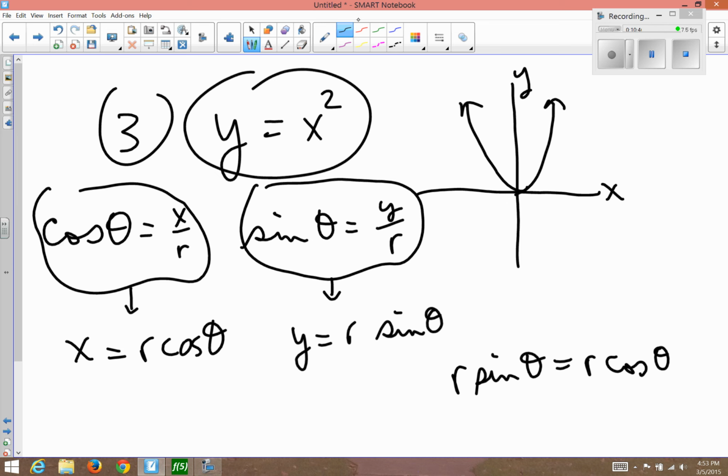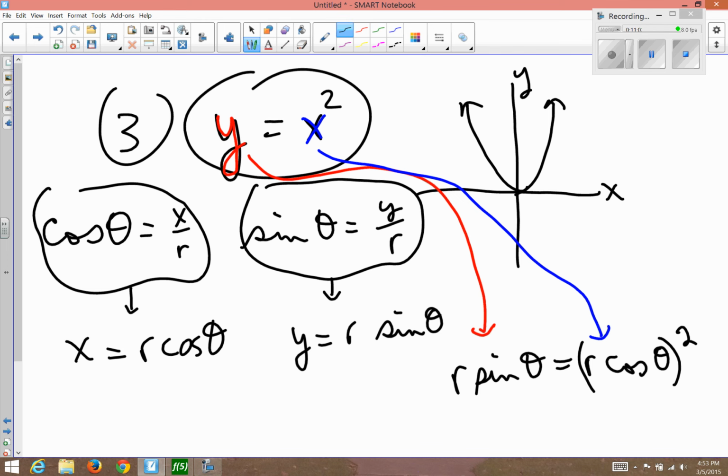So, y equals x squared. See that exponent? There's x squared.